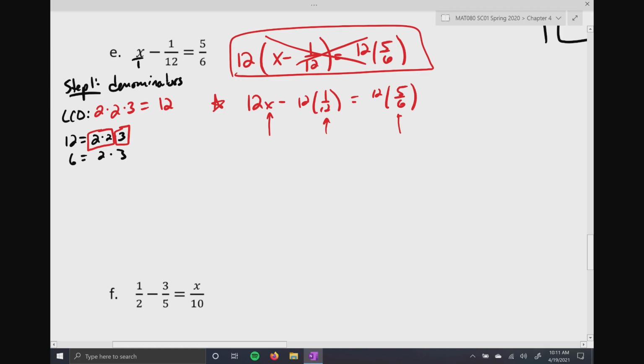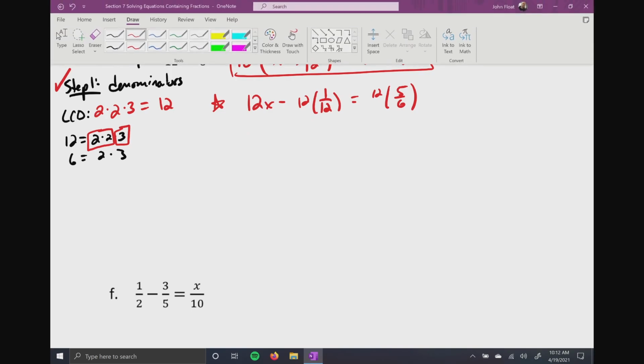If you want to do that, fine. No matter what, you're going to have to do what I do, which is multiply every single term by 12. And by doing that, watch what happens, okay? Just give me 1 sec. So step 1, find an LCD, get your denominators, that's out of the way. Step 2, let's simplify a little bit. 12x stays the same, so I'm going to write this in black again. Go back to black.